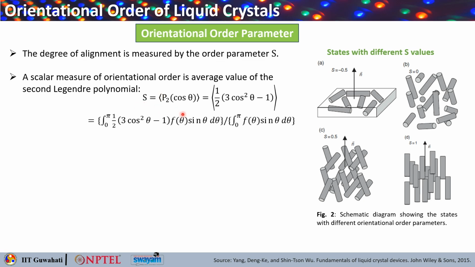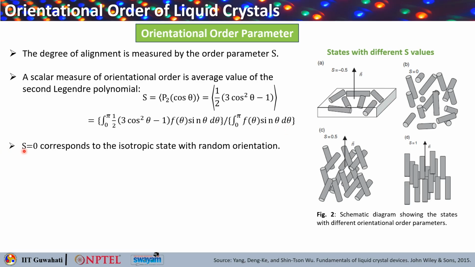S is the average of P2(cos theta), which is half (3 cos square theta minus 1). It is the integration from 0 to pi of half (3 cos square theta minus 1) f(theta) sin theta d theta, divided by the integration from 0 to pi of f(theta) sin theta d theta. So, what does it mean?